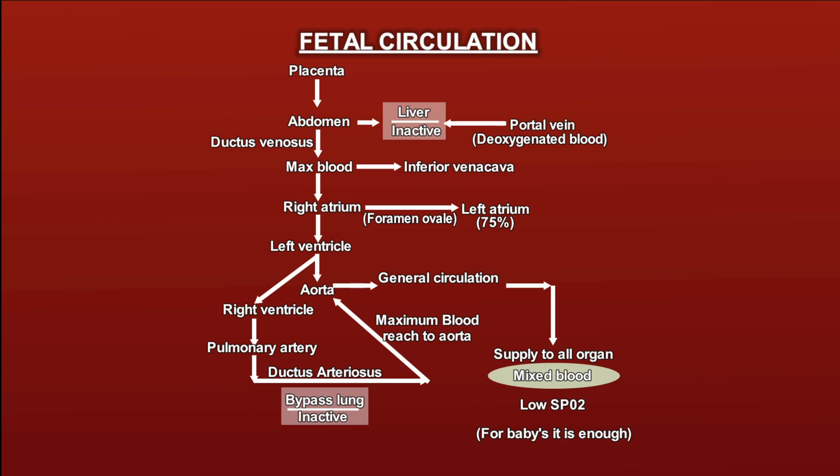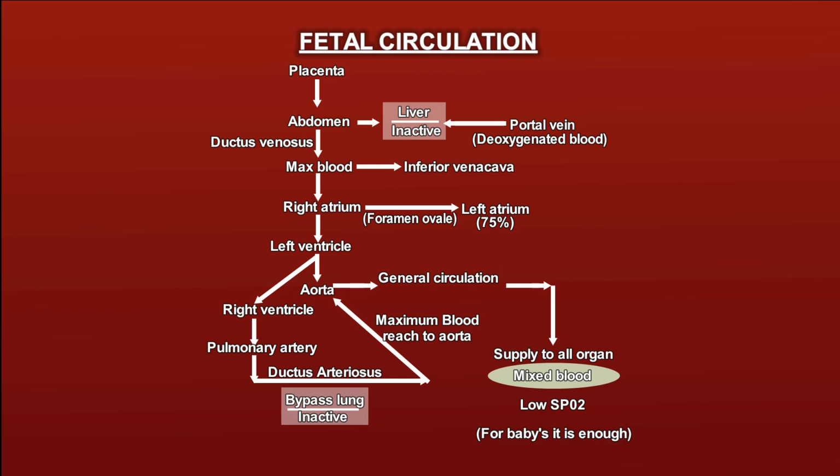The left ventricle pumps this blood into the aorta, through which it reaches the head and arms. The most oxygen-rich blood reaches the brain by this arrangement. Some of the blood in the right atrium goes into the right ventricle. It is then pumped into the pulmonary artery.